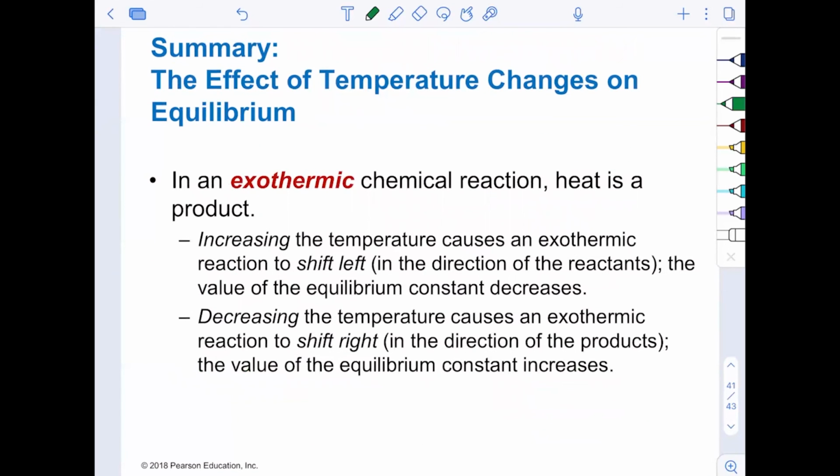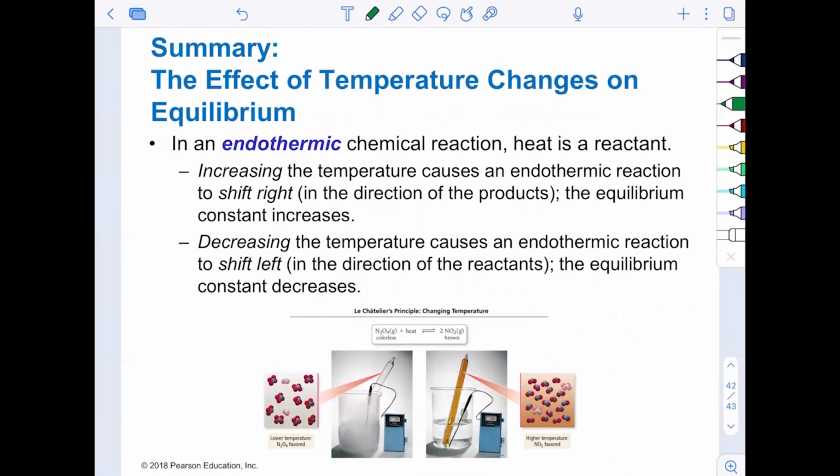Summary overall for the effect of changes in temperature. In an exothermic chemical reaction, heat is a product. Increasing the temperature shifts the reaction to the left, to the reactant side. Decreasing the temperature of an exothermic reaction is like removing a product. It shifts the equilibrium to the right, to the products. For an endothermic reaction, heat is a reactant.